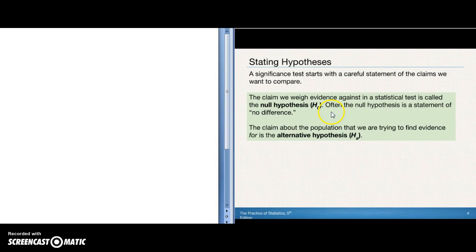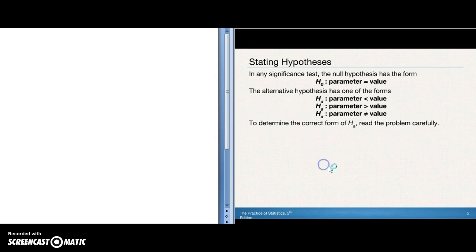For example, when you go to court, you are said to be innocent until proven guilty. The alternative hypothesis is what we're trying to find evidence for. So again, going back to court, we're trying to find evidence for you being guilty. Your null would be that we assume you're innocent when you walk in the door, and our job as a lawyer is to find out, are you guilty?